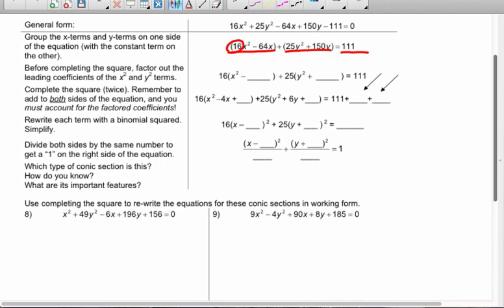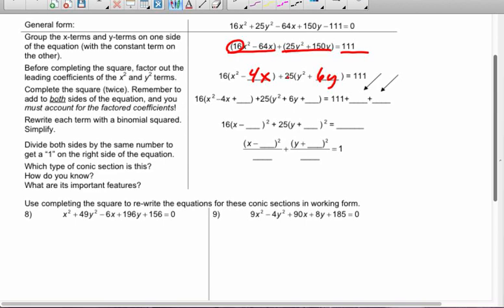That leaves x squared minus, then when I divide 64 by 16, I end up with a minus 4x. And same thing here, I've got a 25 here. So that leaves me with y squared plus 6y, 150 divided by 25 equals that.